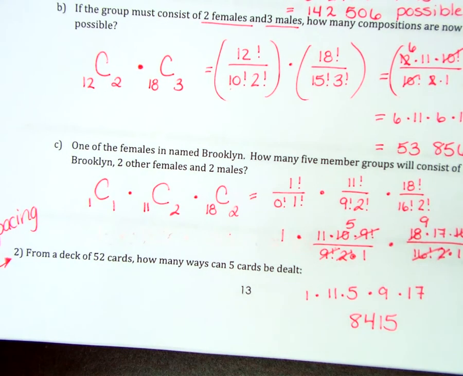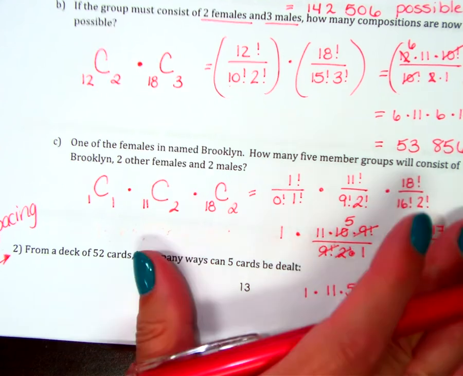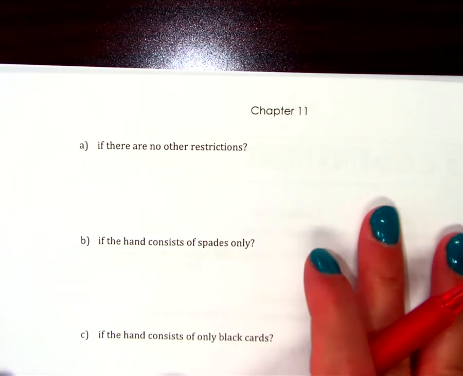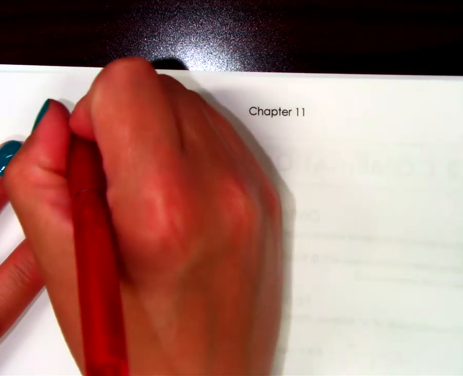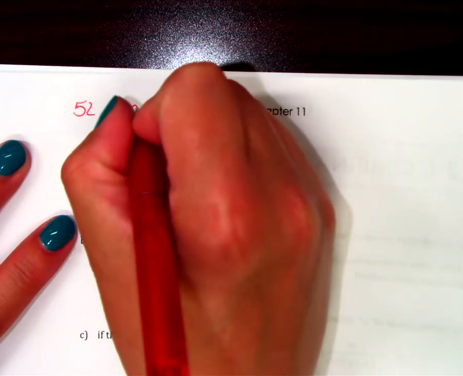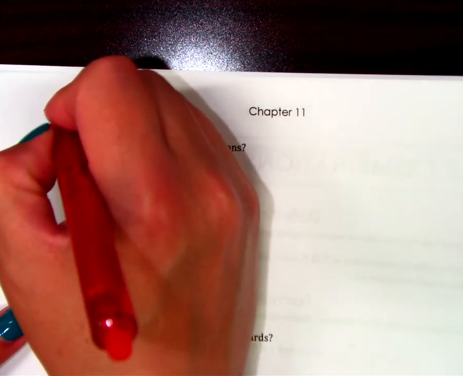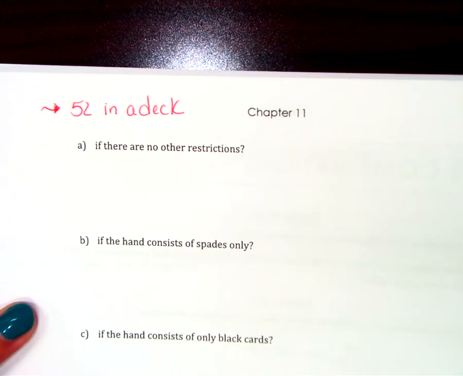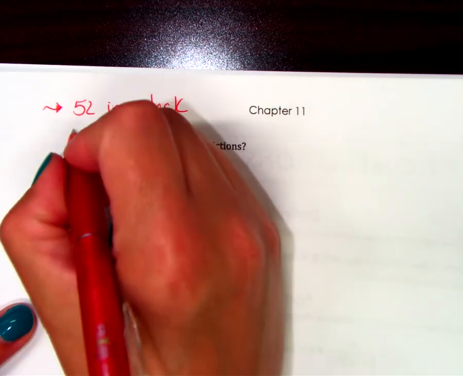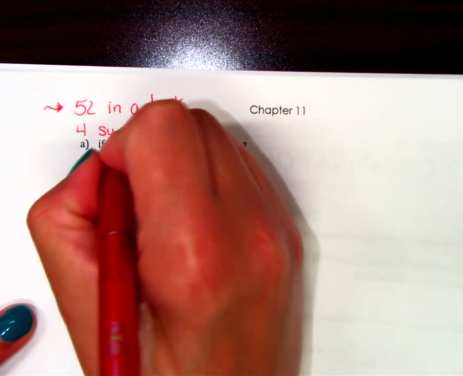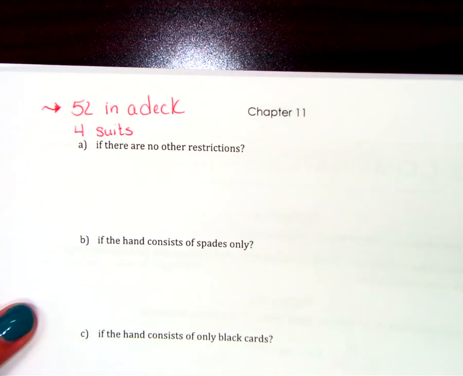Okay, so you guys know a basic deck of cards has 52? Let's talk a little bit about, just in case you're not familiar with cards. So there's 52 in a deck. How many suits do we have? 4 suits. What are those suits?